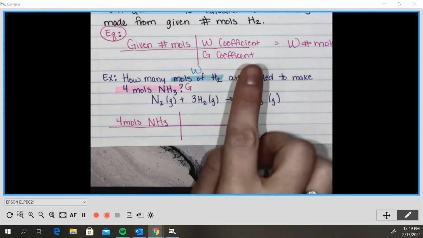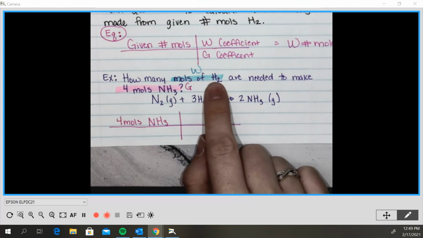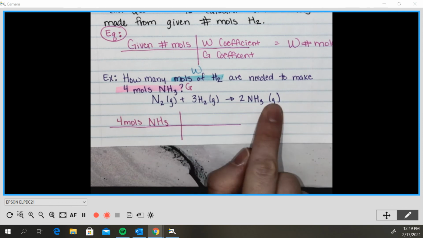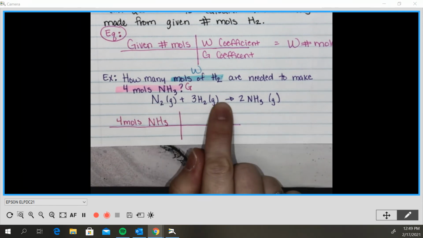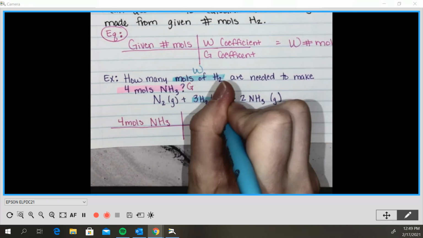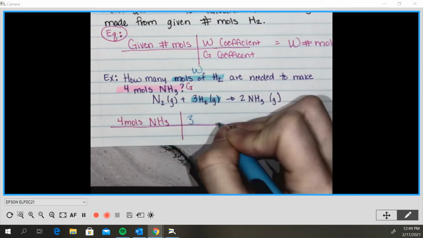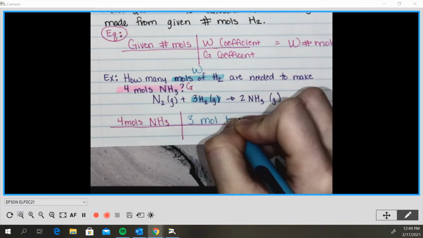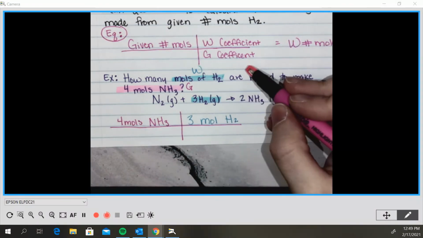I need to find my wanted coefficient. So my want is moles of H2. I'm going to look for H2 in my balanced equation. H2 is right here, and the coefficient is 3. So we have 3 mole of H2. We're supposed to put that over our given coefficient.